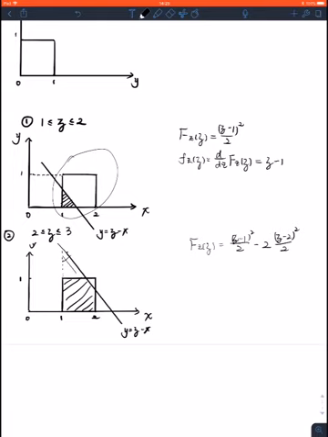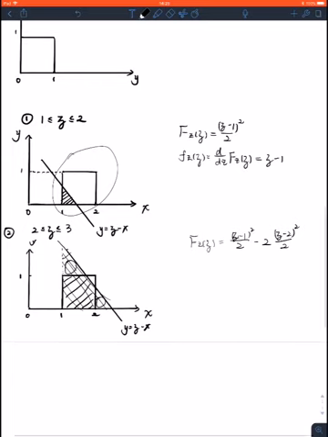That should be this area minus these two areas. So in this case, we have the distribution function of Z equals minus 1 divided by 2 z to the power of 2 plus 3 times z minus 7 divided by 2. So the density function f_Z(z) should simply equal minus z plus 3.